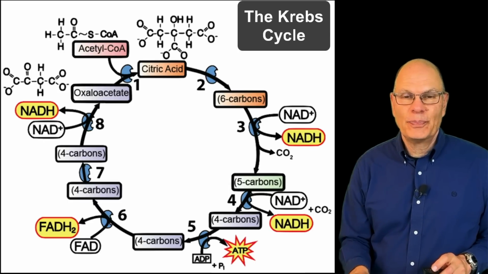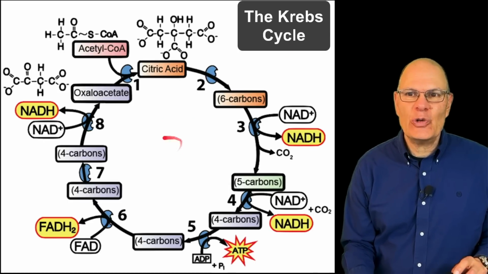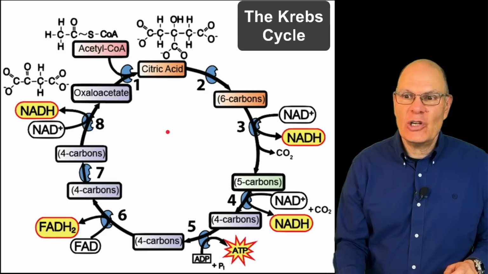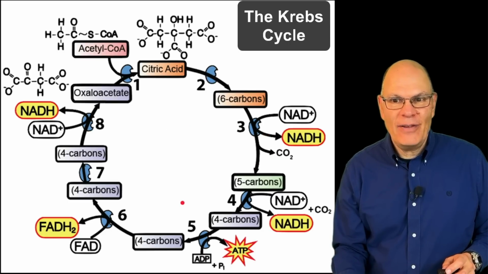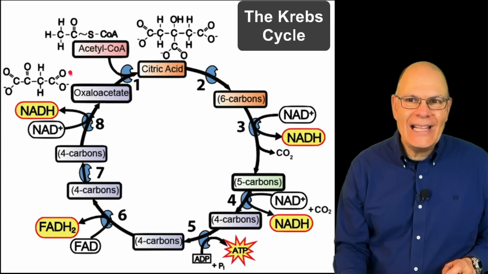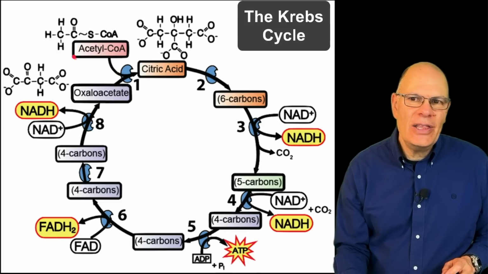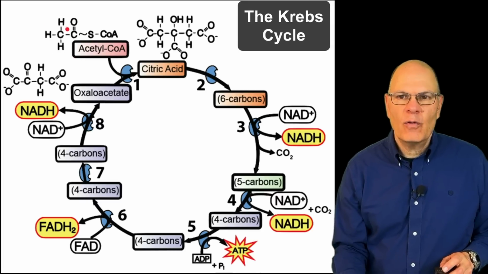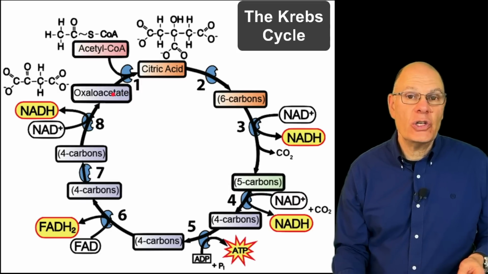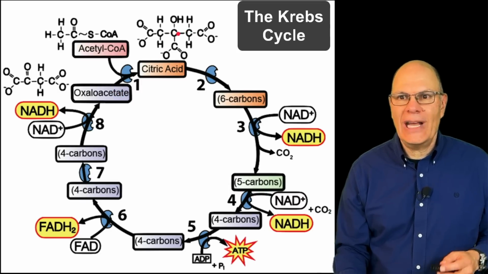Describe the Krebs cycle. The Krebs cycle, which I have a great song about, occurs in the mitochondrial matrix, and it's a cyclical series of reactions that generate NADH, FADH2, and ATP. It starts with enzymes, all of these are enzymes over here, taking this 2-carbon acetyl group from acetyl-CoA and transferring it to oxaloacetate, also known as oxalic acid, making citric acid, which is also known as citrate.